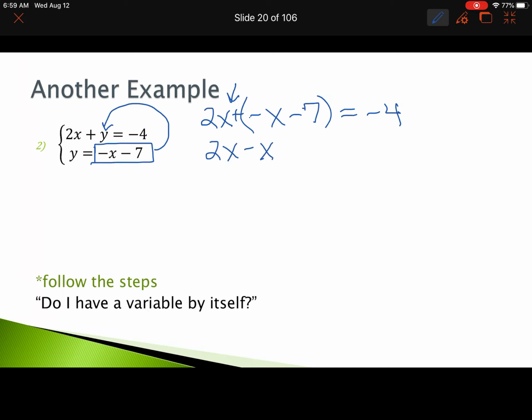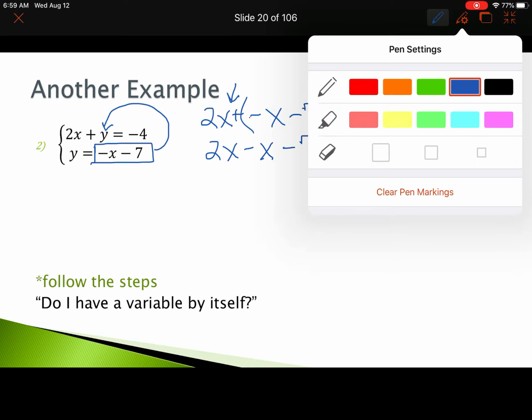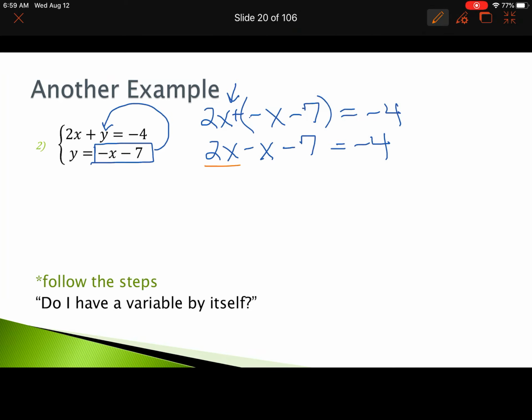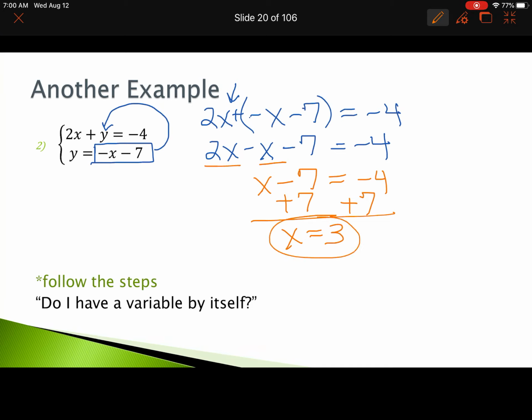So I have 2x minus x minus 7 equals negative 4. Let's combine like terms. 2x minus x would be x. We still have the minus 7. We still have that equal to a negative 4. I'm going to add 7 to both sides. And x equals a positive 3.